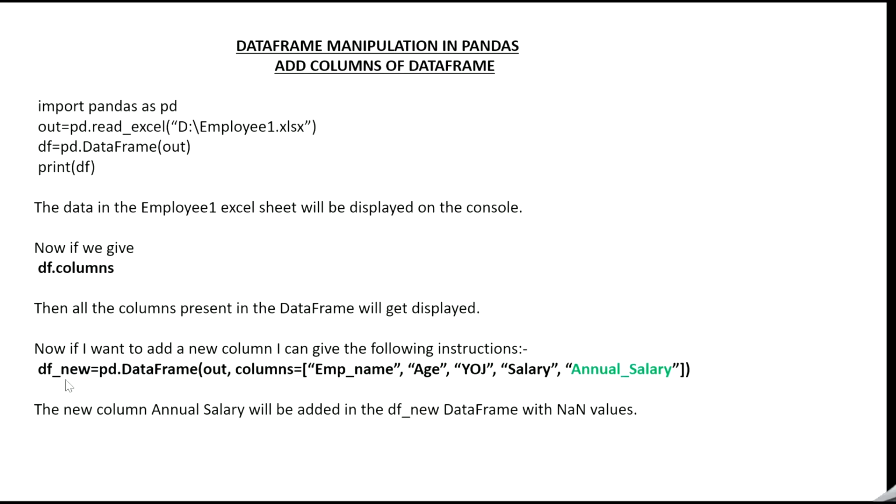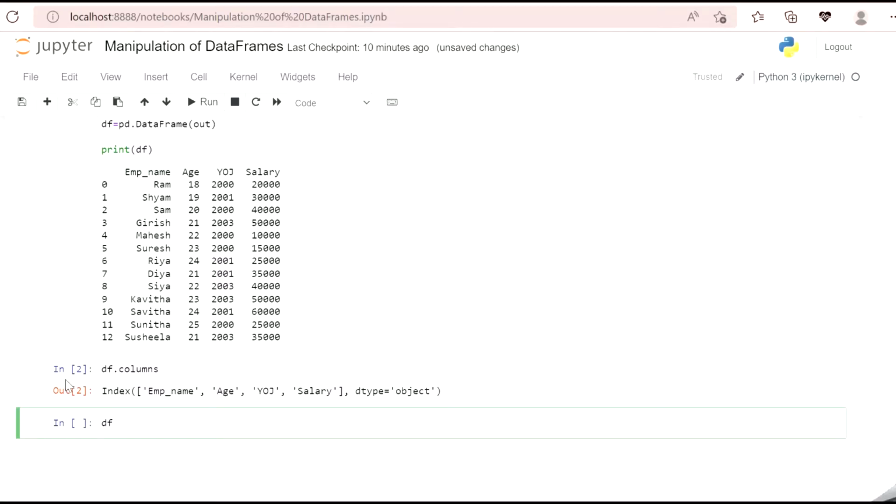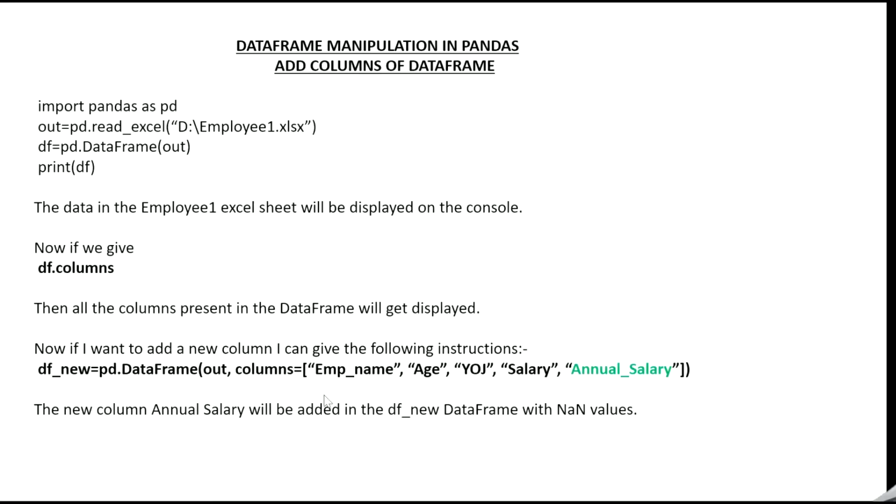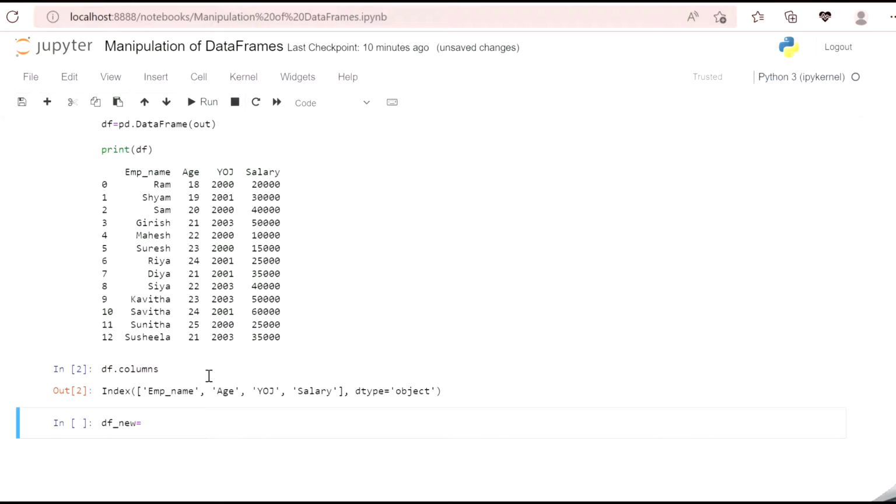So for this, let me give a new data frame name. So df underscore new equal to pd dot DataFrame, and my data is nothing but the output what we had taken from the Excel sheet. So out comma columns is equal to, in square brackets, I need to specify all these column names and then annual salary, which is the new column which I'm going to add.